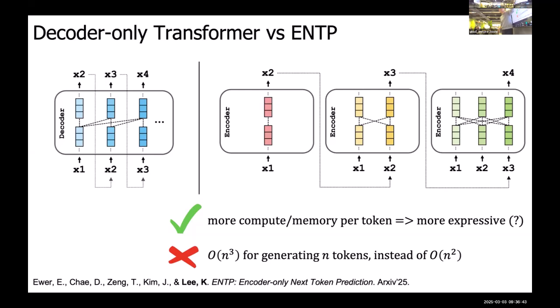But here you're recomputing everything, so it's i squared, and the sum of the i squared becomes n cubed. So it's both for training time and testing time. To train a model with n tokens, you spend order n cubed, and generation time also takes order n cubed.